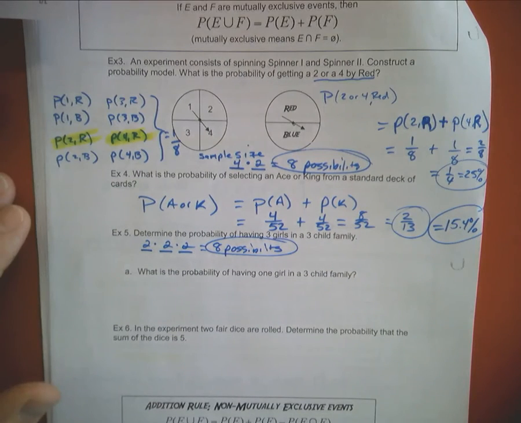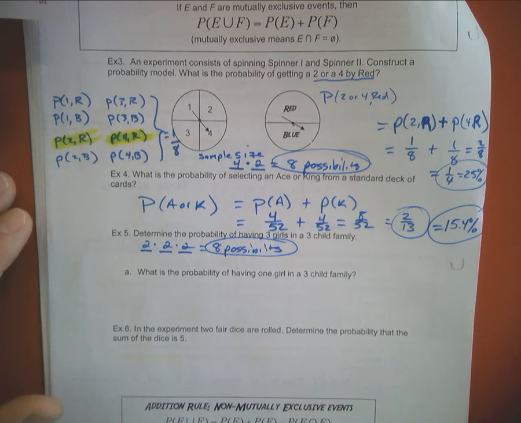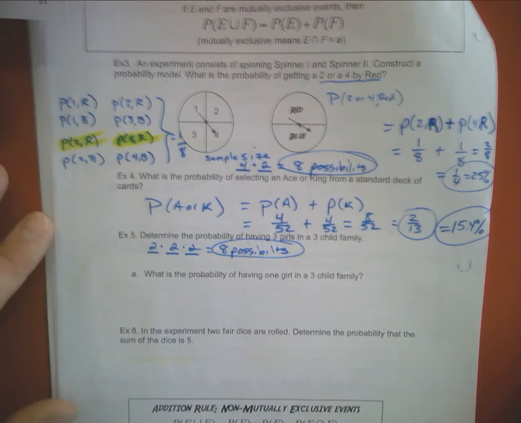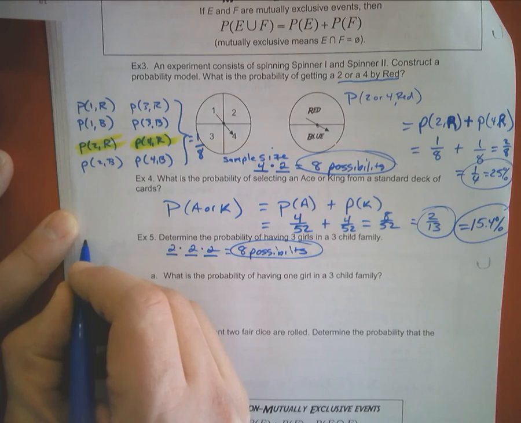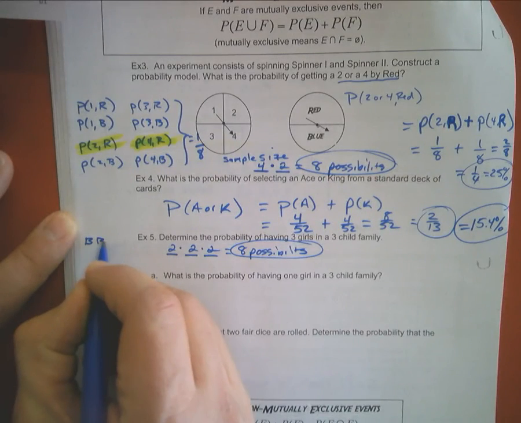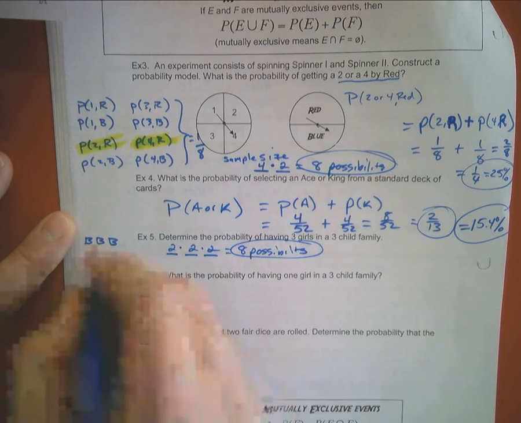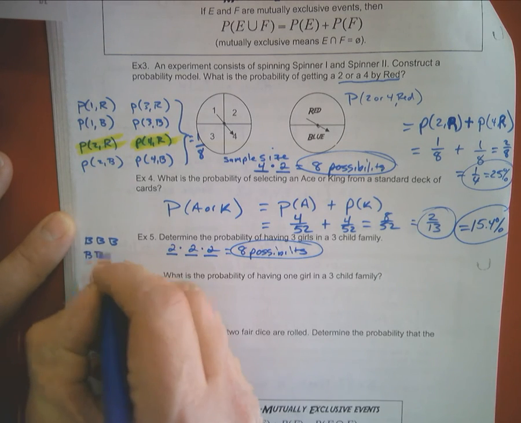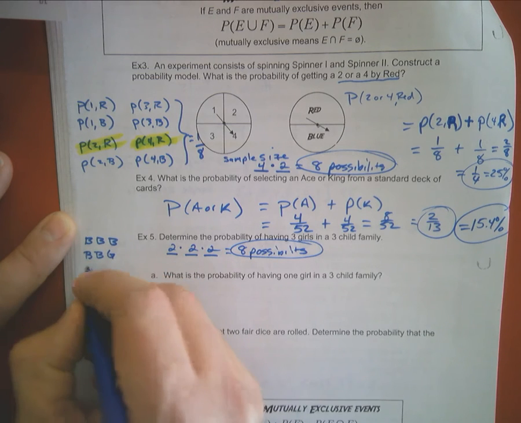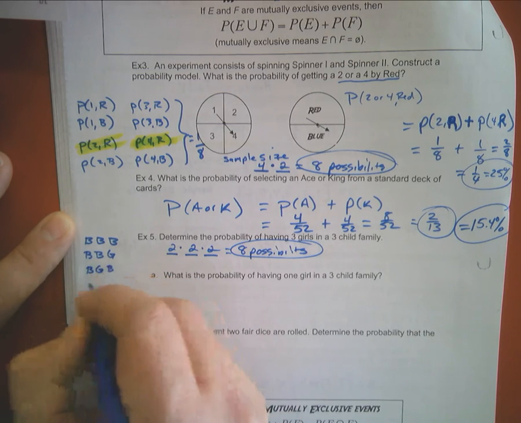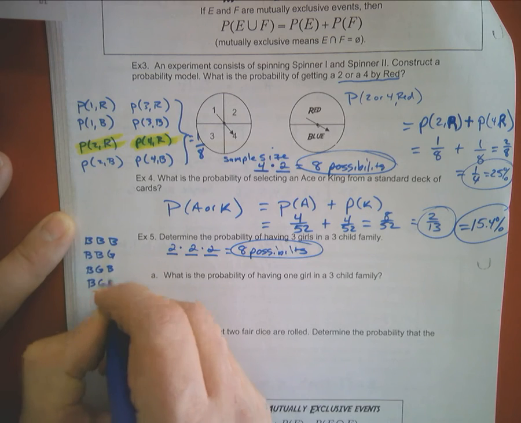Now, some people want to be able to visualize that, and it's totally fine. I'm going to do that over here just so you can see it, but you do not have to do it, like on a quiz or test or anything, but some people like to see it. You could have a boy, boy, boy. You could have a boy, boy, and then a girl. You could have a boy, then a girl, then a boy. You could have a boy, a girl, and a girl.